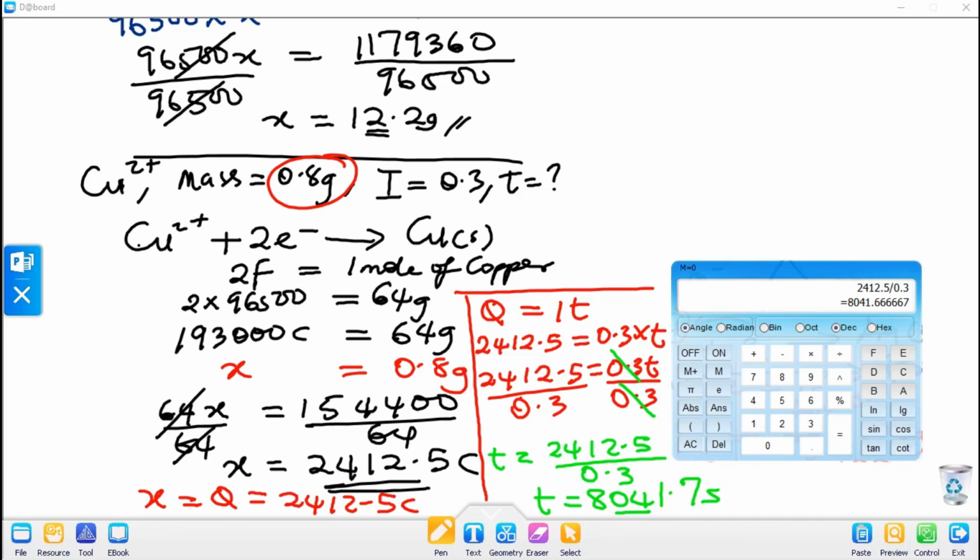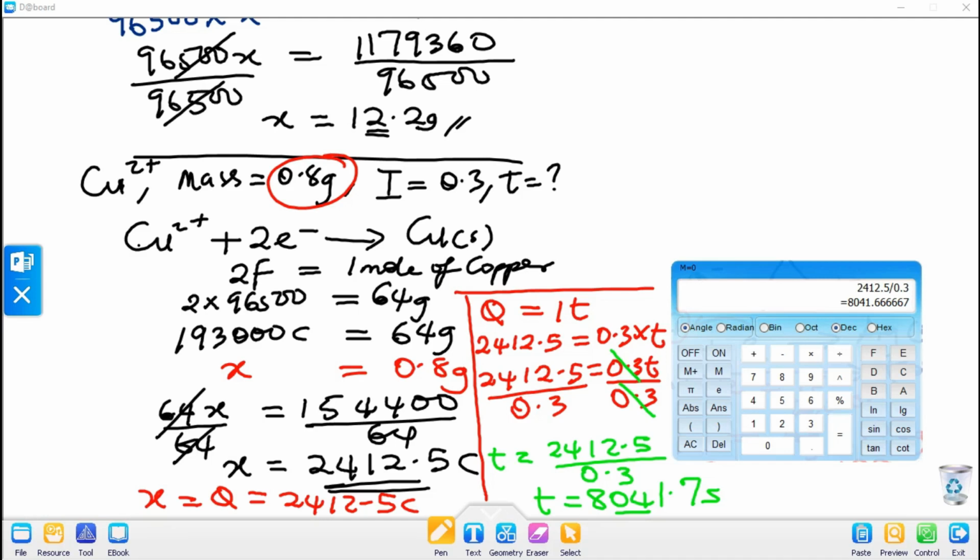So this is actually how long it took to get that done. It's as simple as that. If we want to take it to minutes, we can go ahead and divide by 60. That gives you your time in minutes. So this is how long it took for that 0.8 grams of copper to be deposited: 8,041.7 seconds, or to a whole number 8,042 seconds.